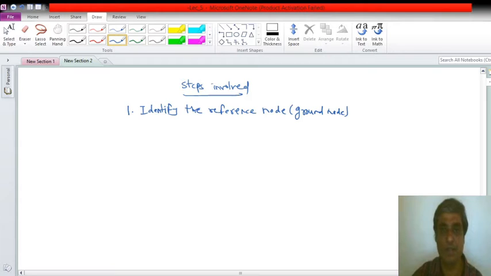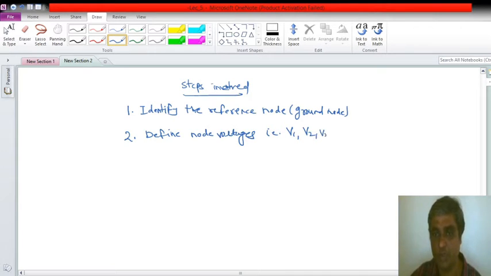The second step is to define the node voltages, for example V1, V2, V3, etc. Then third, once we have defined the node voltages, we will write the KCL at each node.